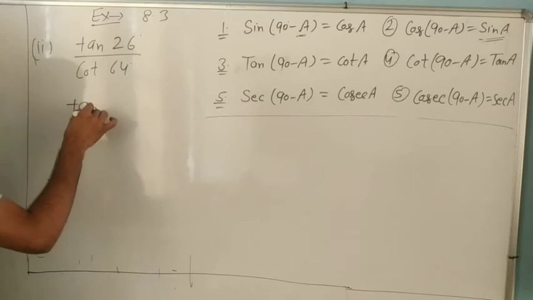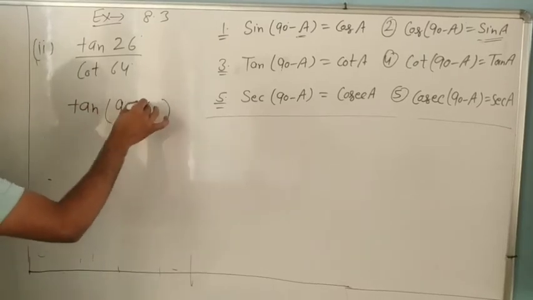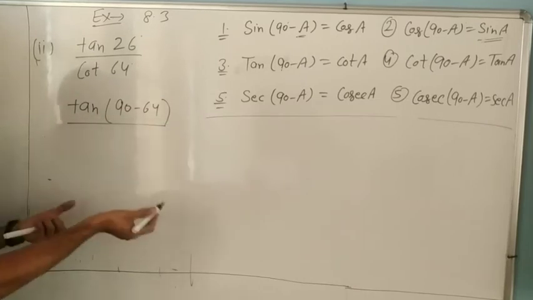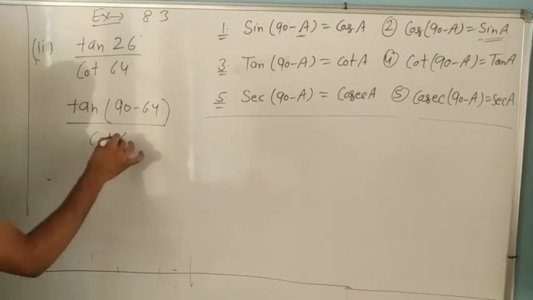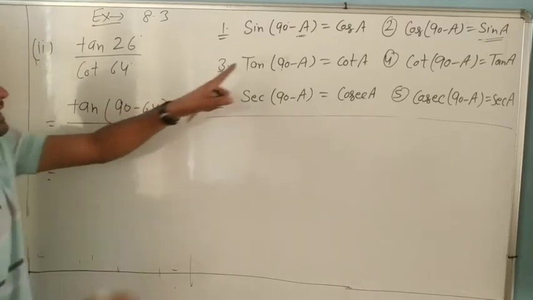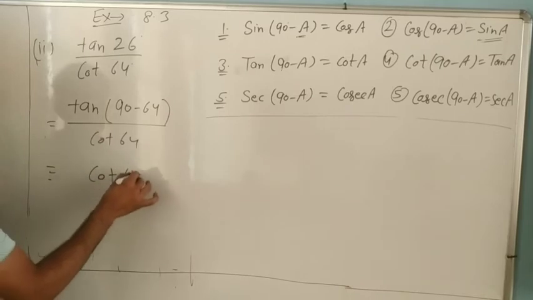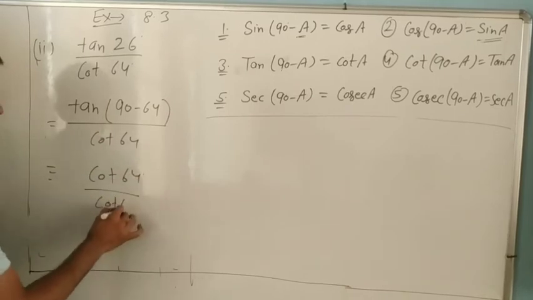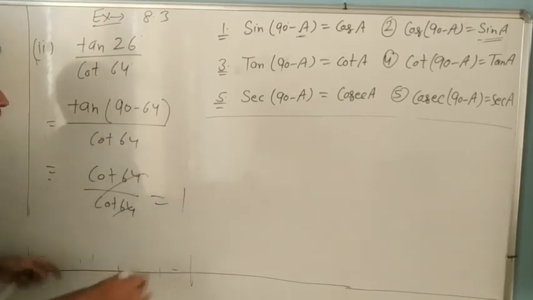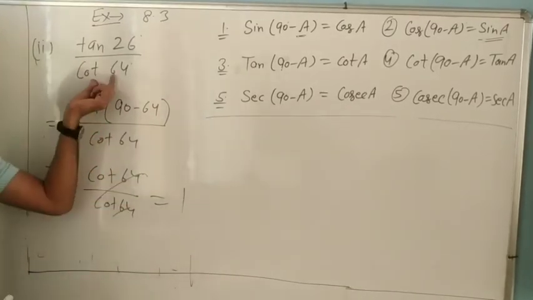So tan 26, what can you write? Tan of 90 minus 64, divided by cot 64. Tan 90 minus A is cot A, so cot 64 divided by cot 64. What is the answer? 1.